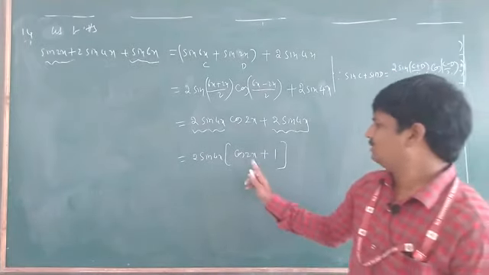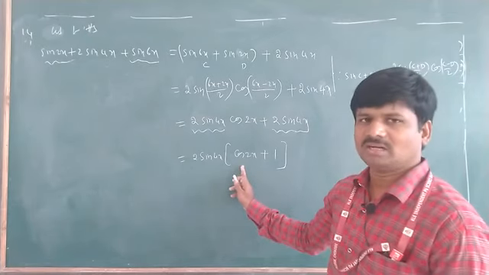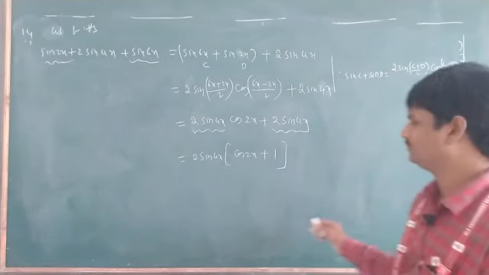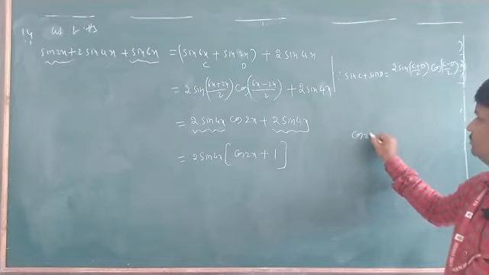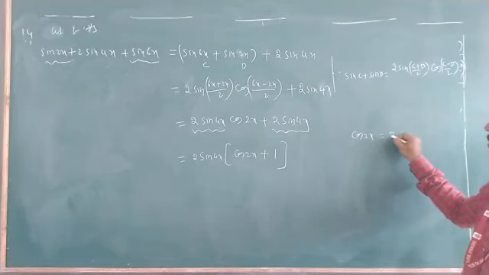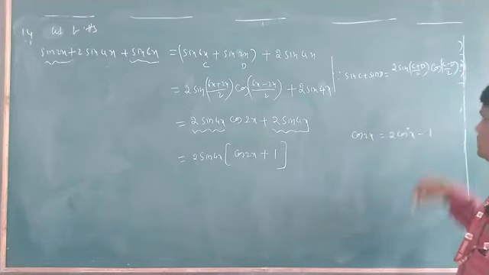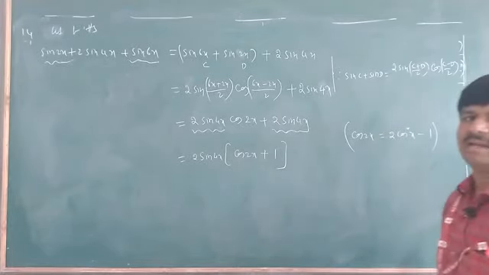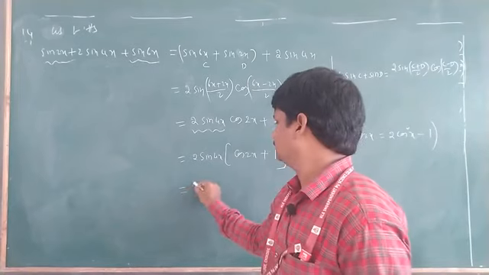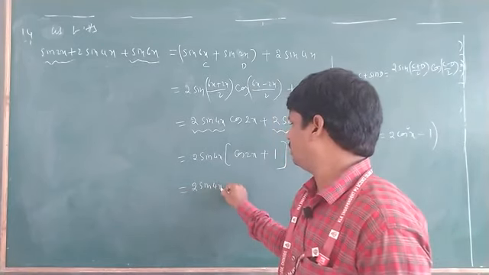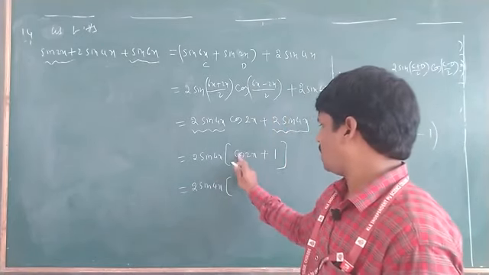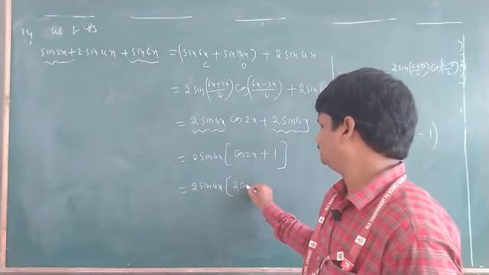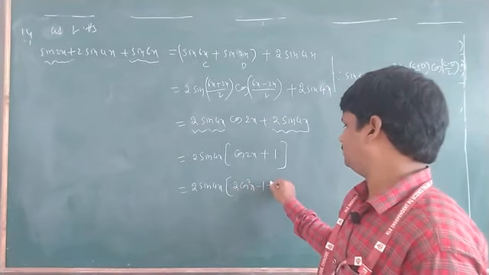We have a formula for cos 2x in terms of cos: cos 2x equals 2 cos square x minus 1. So substitute here: 2 sin 4x into (2 cos square x minus 1 plus 1).